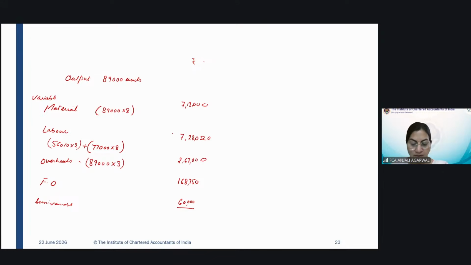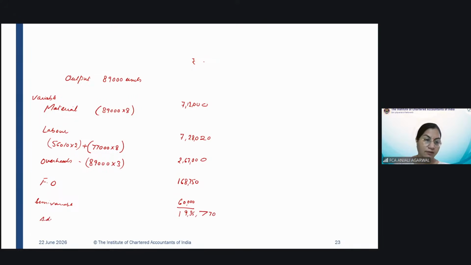Our total cost comes out to be 2 lakh 67 plus 7 lakh 28,020 plus 7 lakh 12,000 and plus 1 lakh 68,750 and another 60,000. 19 lakh 35,770.